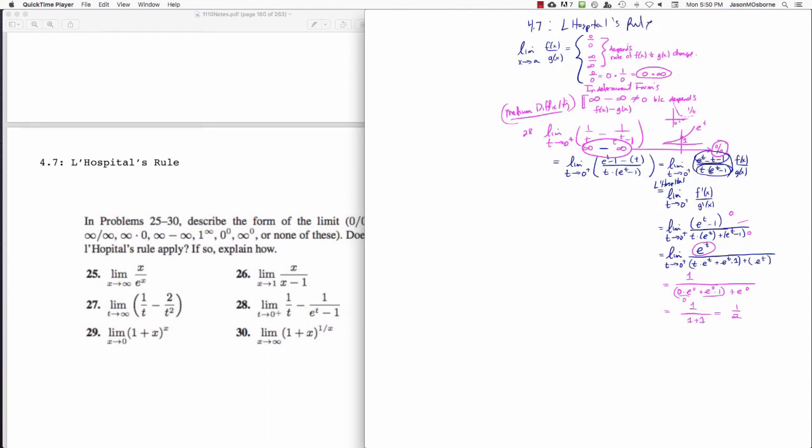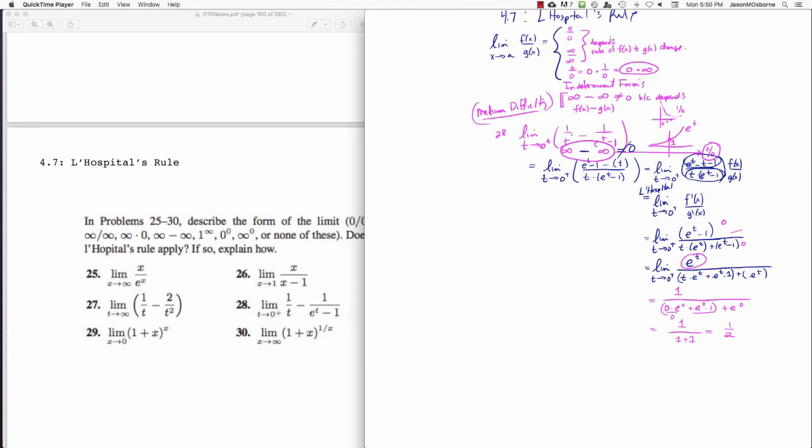So if you were to guess here that infinity minus infinity was 0, you would have been incorrect, because it depends on the growth rates of the functions 1 over t and 1 over e to the t minus 1. Evidently they are not growing at the same rate, or else they would cancel and give you 0.